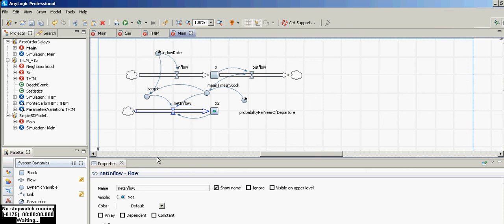So those are some reviews of elements of first order delays, two different ways to write them. We've reviewed the equilibrium behavior, we've seen how it runs over time, and we've shown you a little more of the interface here.